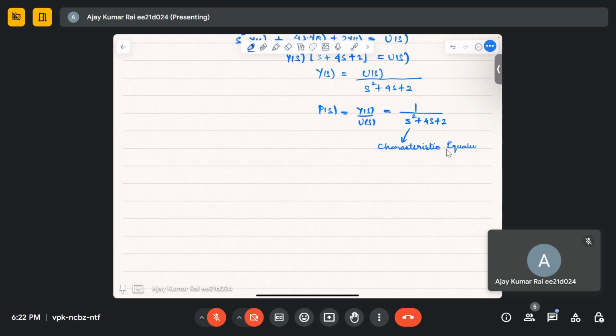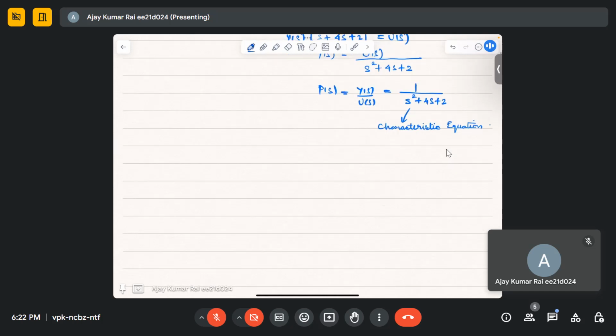You have to remember the general second order characteristic equation, and compare with it.